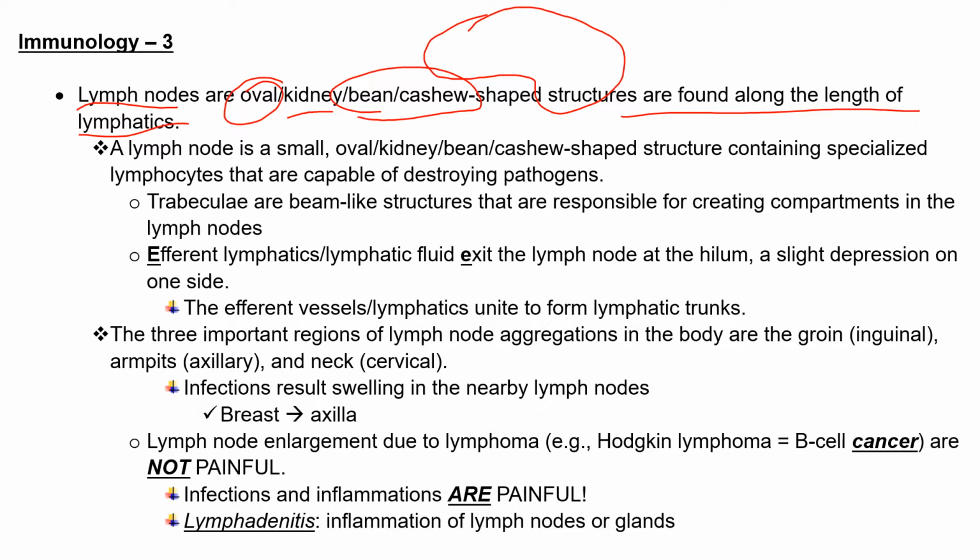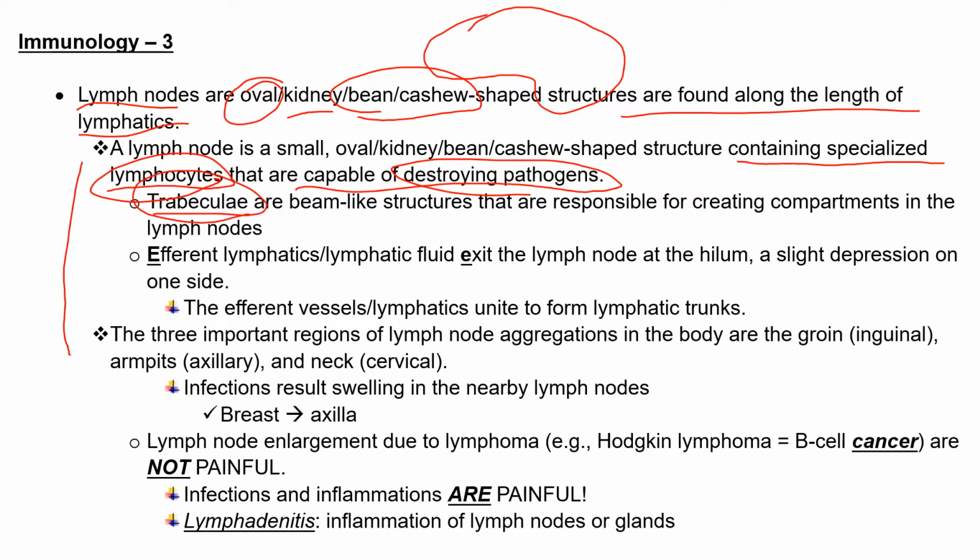They all contain specialized lymphocytes, the B and T cells that are capable of destroying pathogens in a very specific way, and we'll talk about the B and T cells in the next slide. These lymph nodes have a three-dimensional structure thanks to trabeculae.